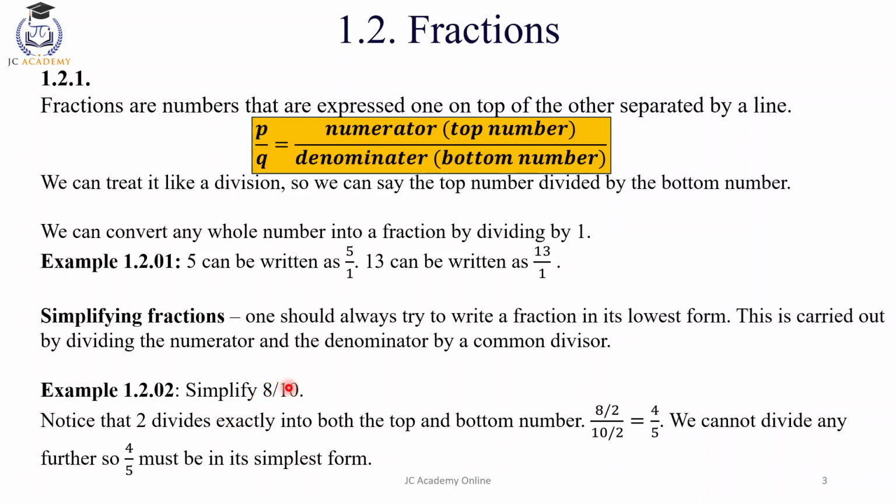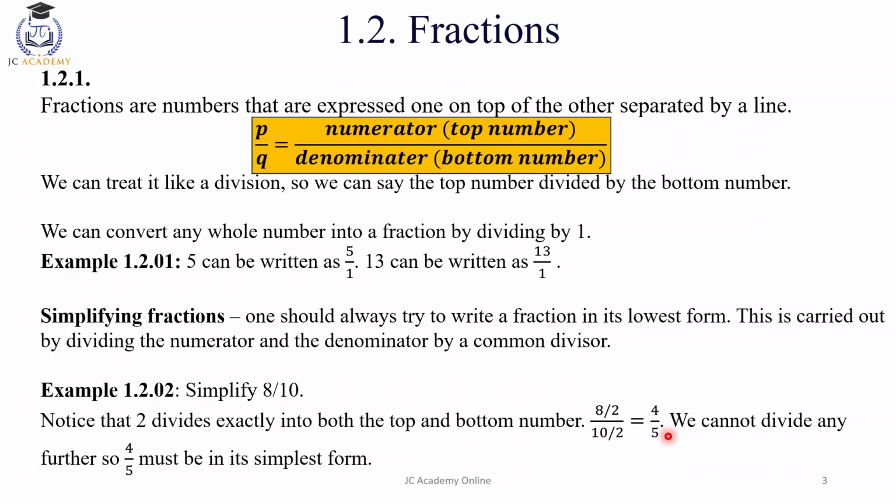We know that 2 divides exactly into both the top and the bottom number. To simplify this, we write 8 divided by 2 on the top and 10 divided by 2 at the bottom. So 8 divided by 2 is equal to 4, and 10 divided by 2 is equal to 5.